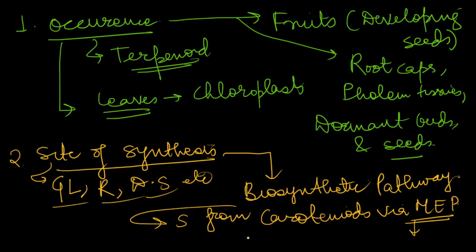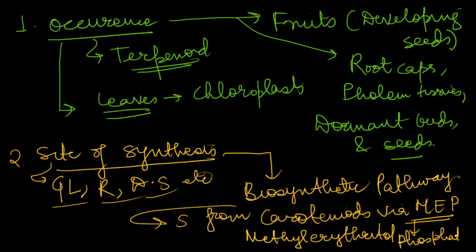I am writing the spelling, as it is difficult to pronounce. MEP, so remember this short form. If you do not remember the full form, just remember the MEP pathway. That would be enough.